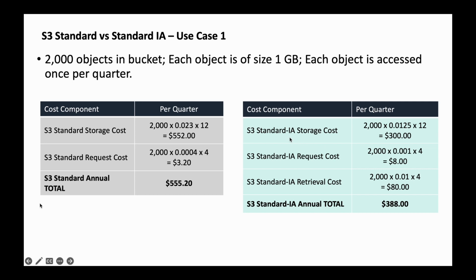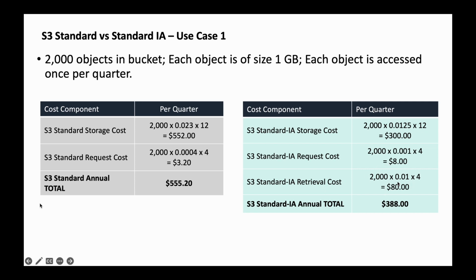Whereas in case of Standard Infrequent Access, the storage is only 50% almost. You can see that here, $0.0125 per object per month into 12 months equal to $300. And when you raise the read request, you have to pay $0.001. Okay, that is more than here, you can see that. So finally you will end up paying $8 instead of 3.2 here. And now retrieval request is different.